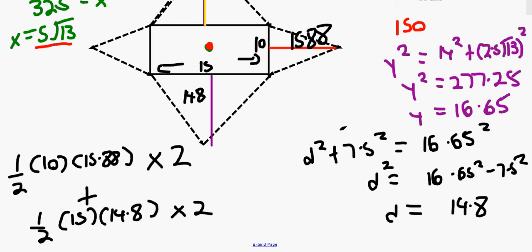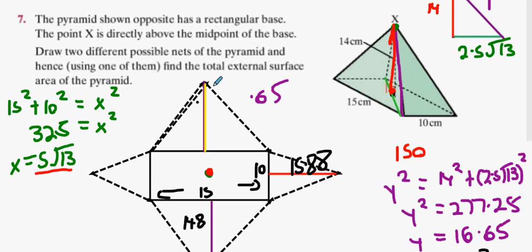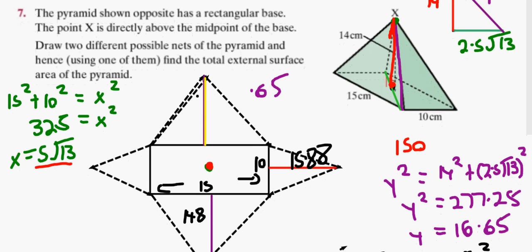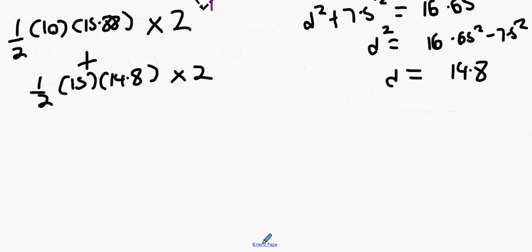Does it want us to include the rectangular bottom? I would actually add in the rectangular bottom, because if you imagine you were painting a pyramid and it's like an ornament, you could flip it around and paint the base, couldn't you? So if it didn't specify otherwise, I would also include the 150. What answer did you get when you lobbed that all in?